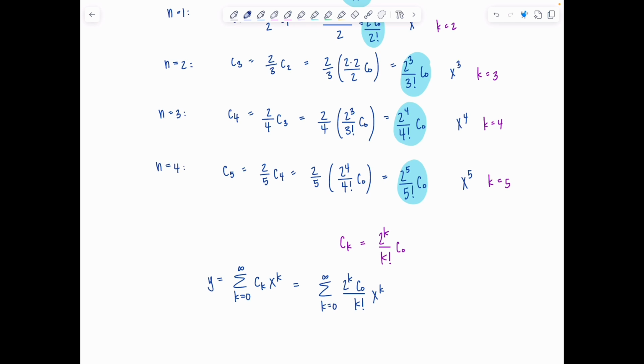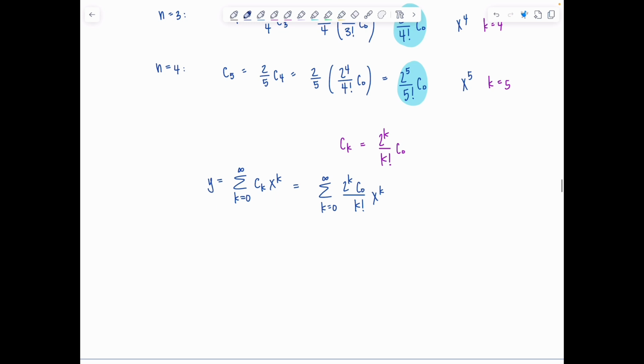I want to show you how we're going to get to that exact same solution. C naught is just a constant, so I can take that outside. And then I have the sum k equals 0 to infinity. Both 2 and x are being raised to the k over k factorial. Does this look familiar? Don't say no. Check your notes earlier.